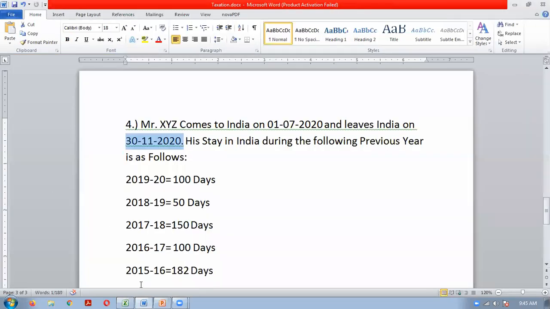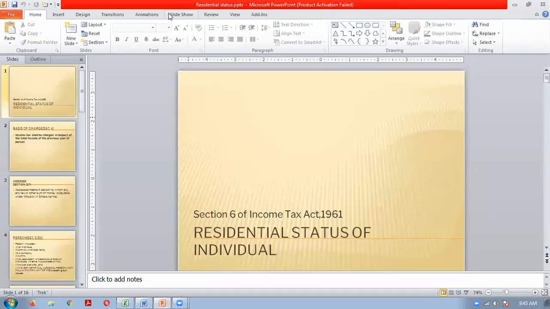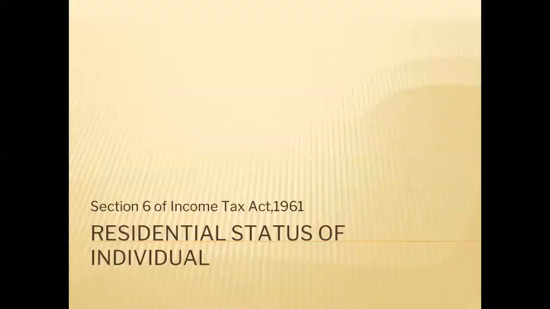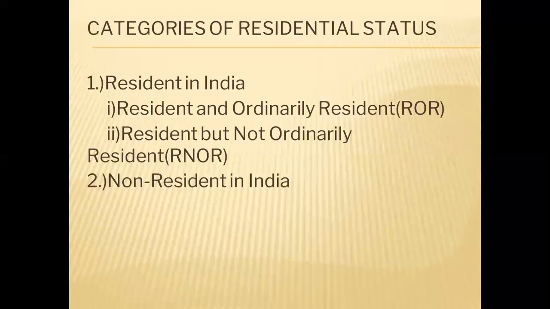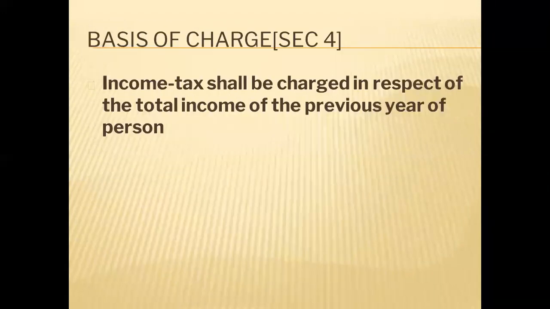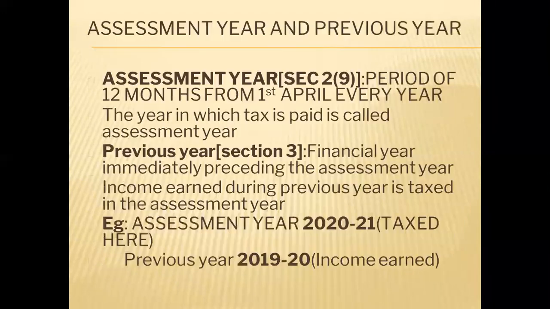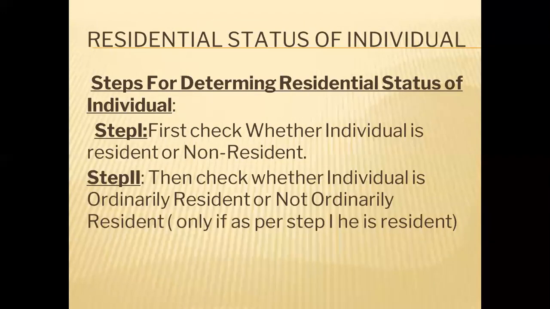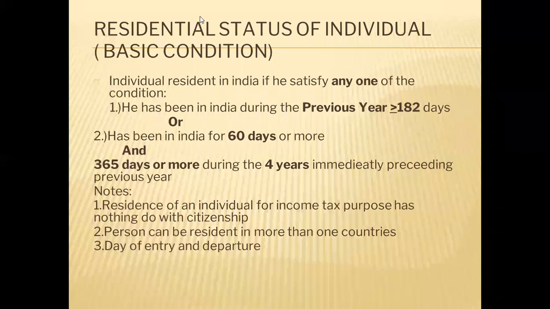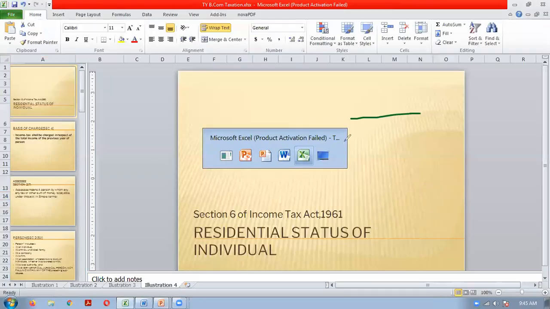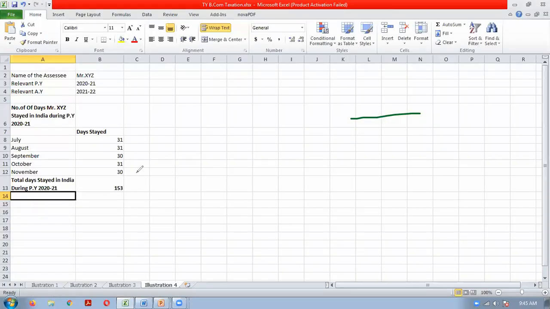Now let us come to basic condition one. What is the first basic condition? The first basic condition says that the individual should have stayed for at least 182 days. Is the first basic condition satisfied?